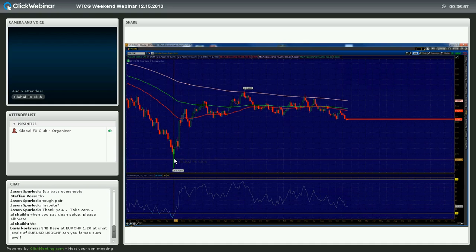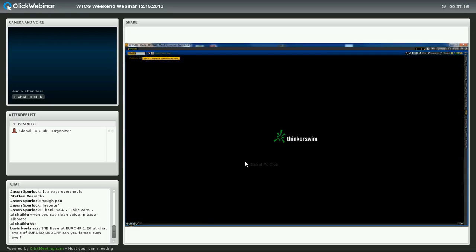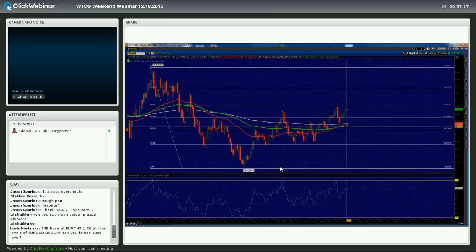which was a fairly spectacular candle. So we would need to see dollar Swiss down at least sub 80. I mean, if not sub 75. So quite a ways to get down there. And then euro dollar would have to cooperate. So down here, basically, by getting down again into the 120s.